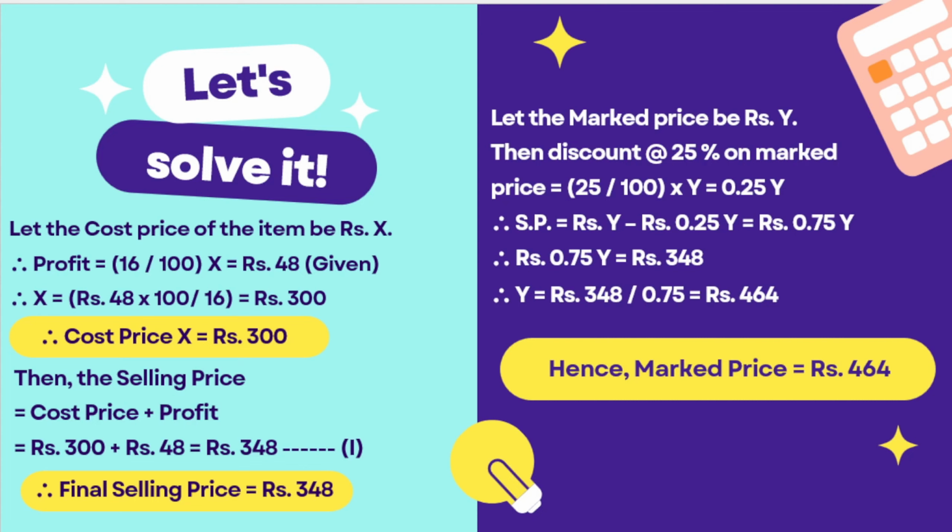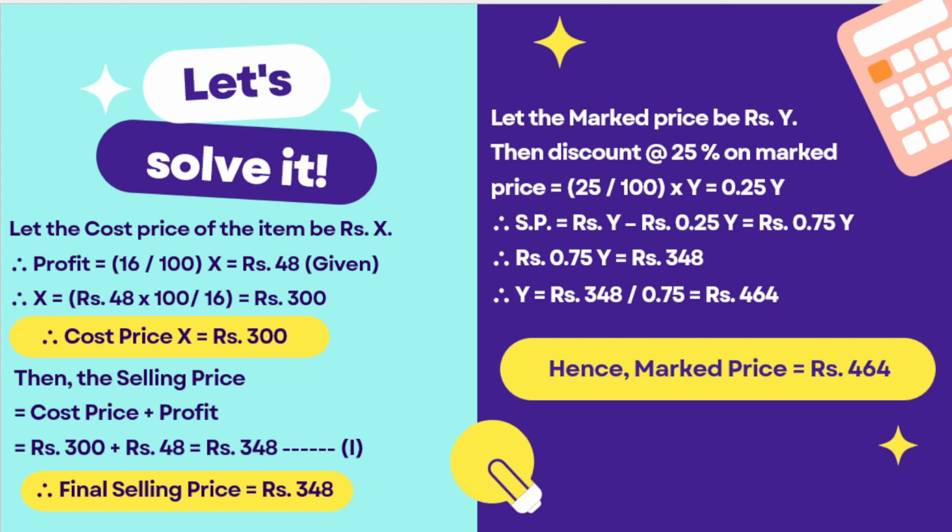Now, let the marked price be rupees y. Then the discount at the rate of 25% on marked price can be calculated as equal to 25 divided by 100 multiplied by marked price y, which comes to 0.25y. The selling price can also be written in terms of the marked price as equal to the marked price of rupees y minus the discount of rupees 0.25y, which comes to rupees 0.75y.